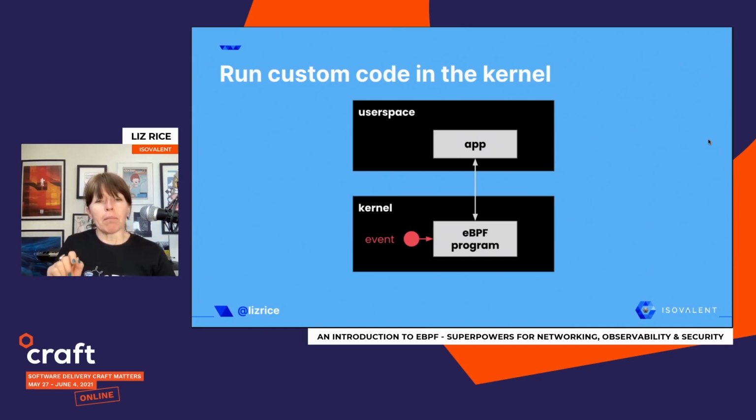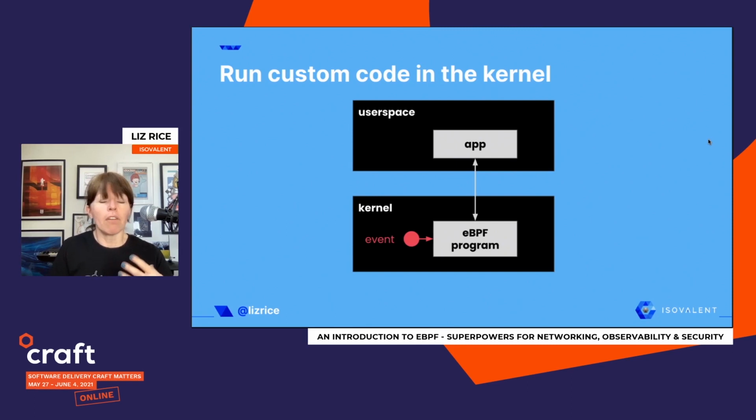The eBPF program is going to run triggered by some kind of event. There are loads of different events that can trigger eBPF code. Could be, for example, the arrival of a network packet. It could be that a particular function call inside the kernel is started or even exited.